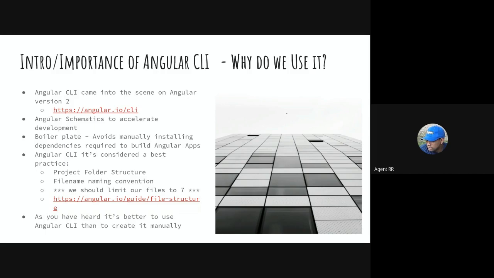So why Angular CLI? Why do we use it? Basically because it's a boilerplate. It avoids manually installing dependencies required to build Angular apps. What do we mean by that?